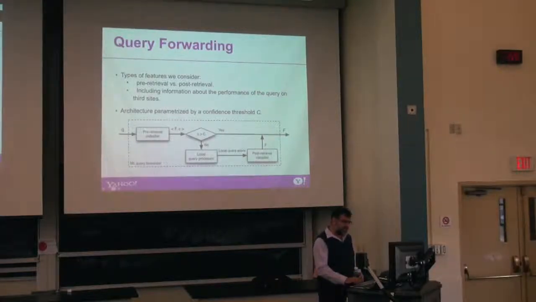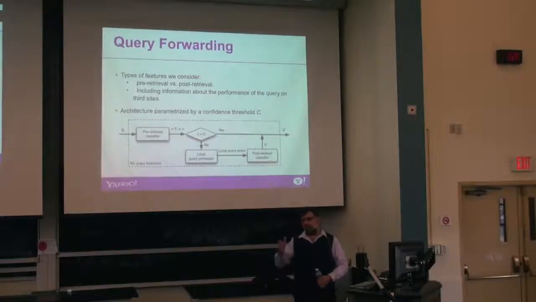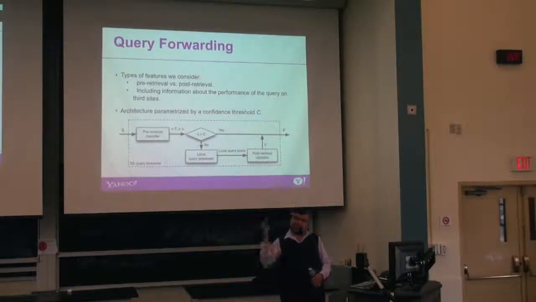So basically, we have a pre-retrieval classifier with a threshold. If we don't send it, we do it locally, and then we do a post-retrieval classifier, and if we need more answers, we send it to the remote servers, the ones that we need to. So basically, the same idea as before, but applied to pairs of servers.